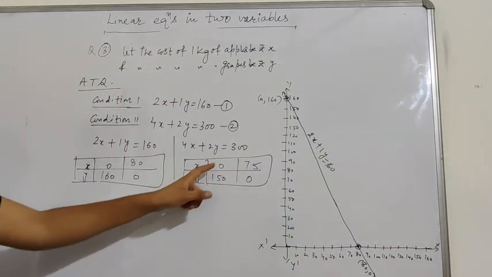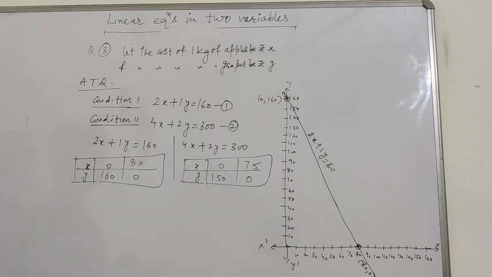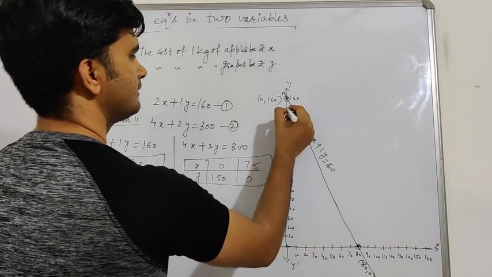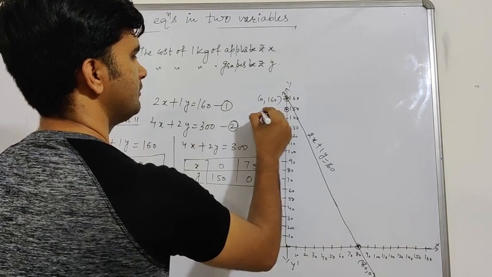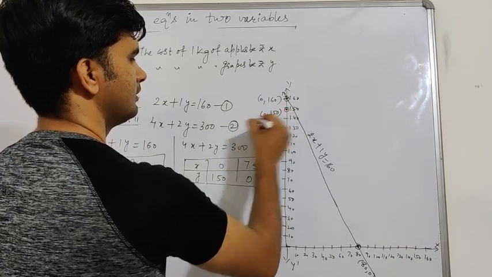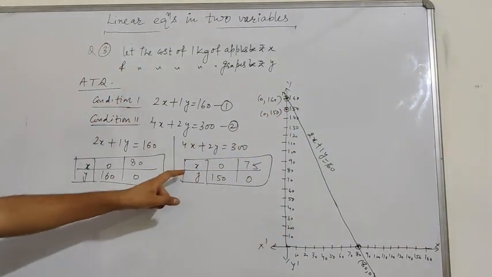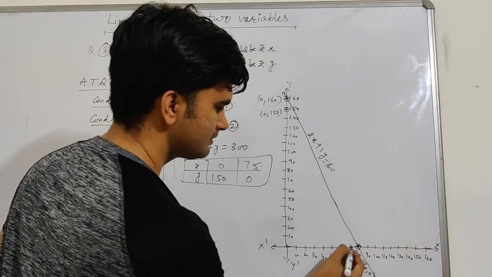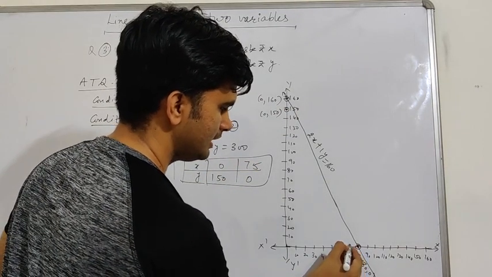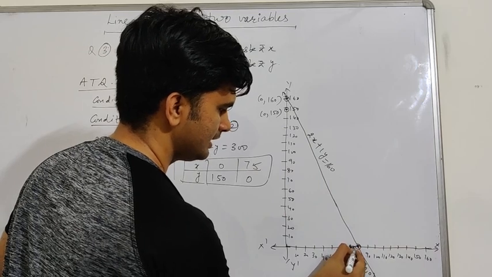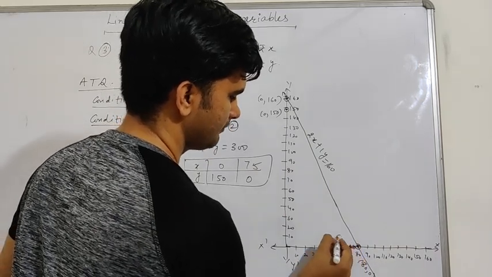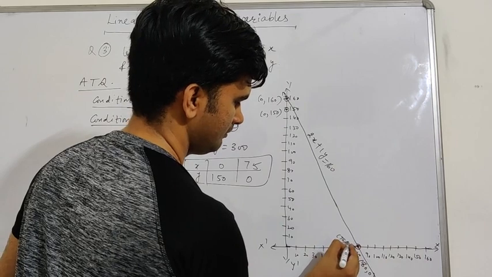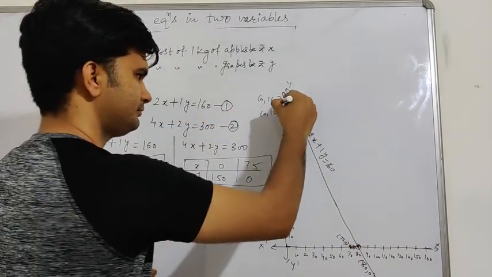The next one is x is 0, y is 150. The next one is x is 75 and y is 0. 75 means in between 70 and 80. You can easily get these values on graph paper.